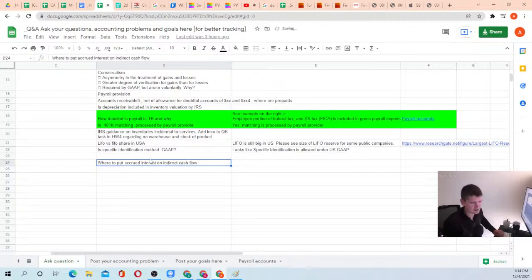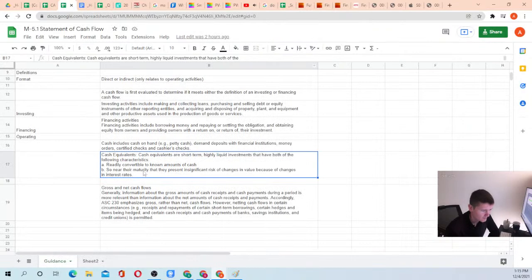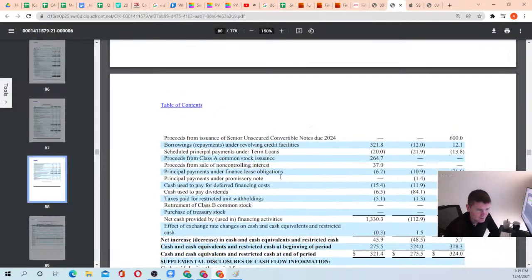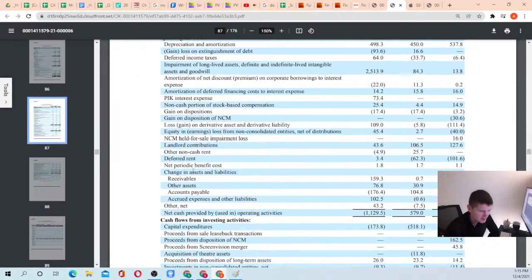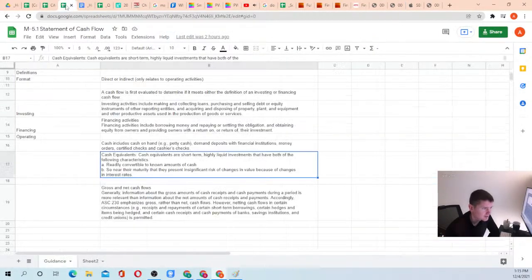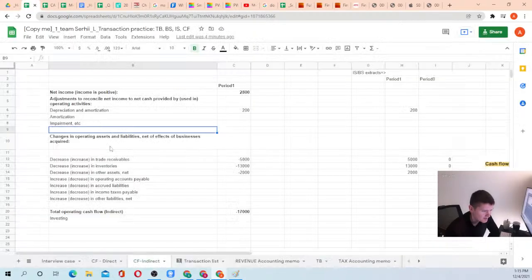So I see that some non-cash interest charges are reconciled in the operating cash flows in the non-cash charges rather than in the changes in working capital, change in assets and liabilities. So I will also do it this way.